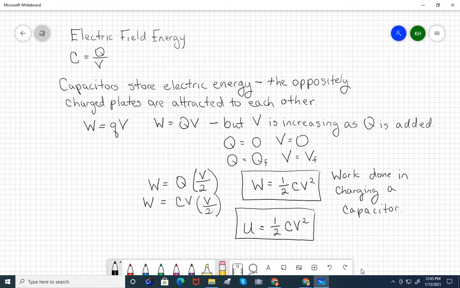This is more like a spring though, because as you stretch a spring, it takes more and more force, and we end up getting that formula that potential energy stored in a spring is 1/2 kx squared. As we add more and more charge, the voltage keeps increasing, and we get this one. All right, let's look at an example.